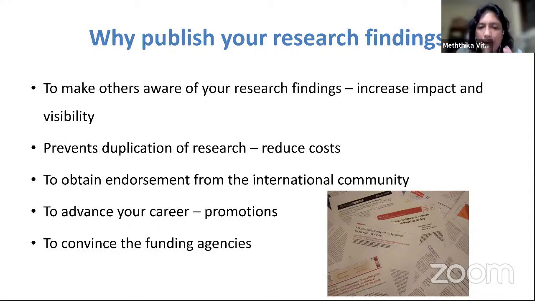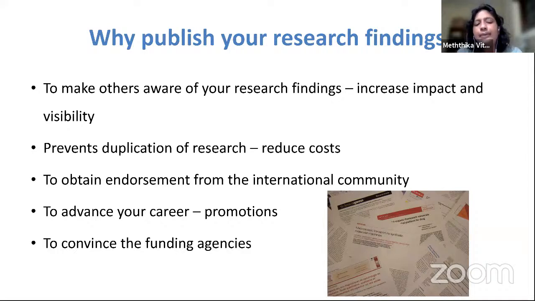So when you publish a research paper in an international journal, let's say, you will increase the impact of Sri Lankan research. You will increase the visibility of Sri Lanka, right? As scientists, that is the satisfaction you will get. So you need to do it, right?